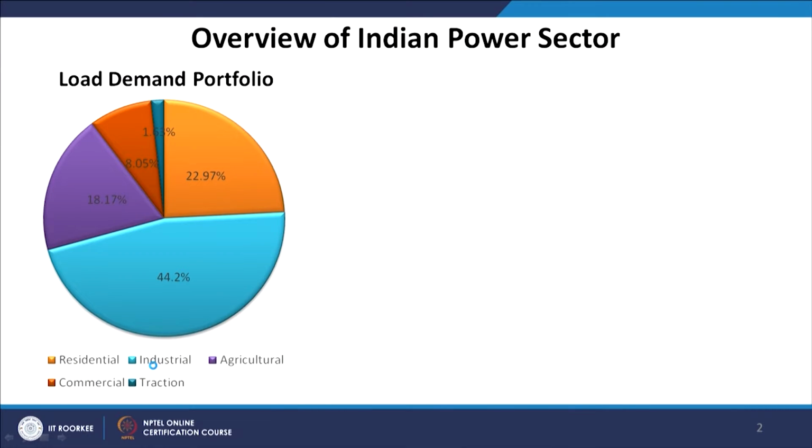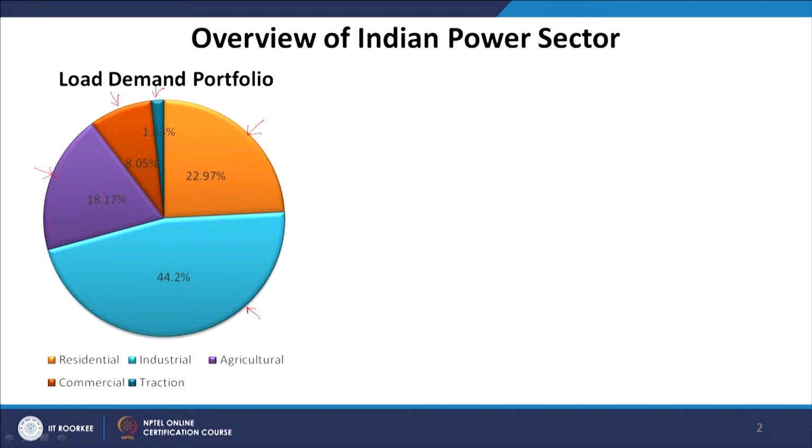Now, let us understand the overview of the Indian power sector, to be specific. If you look into the Indian contribution of load for residential, industrial, agriculture, commercial and traction load, approximately 23% is from residential customers, 45% from industry, 18% from agriculture, 8% from commercial and close to 2% from traction.